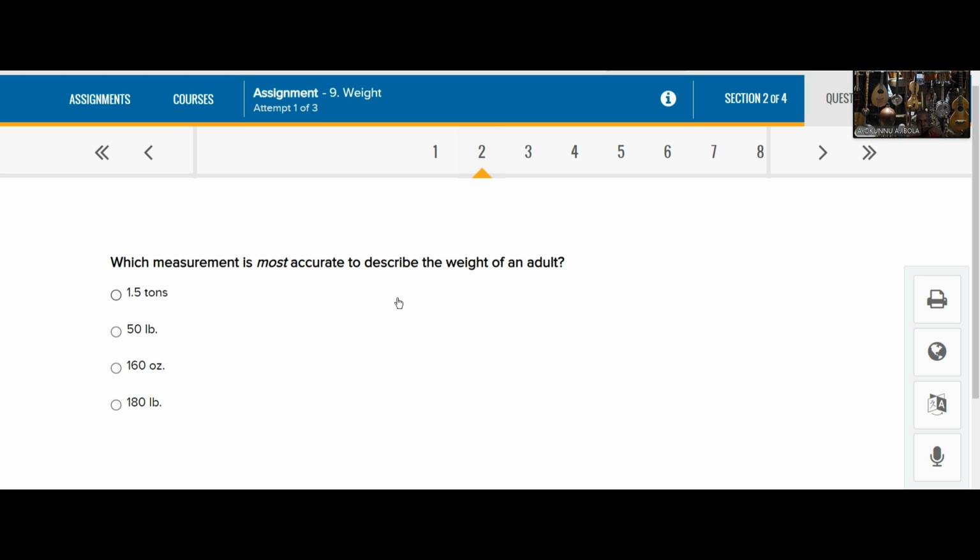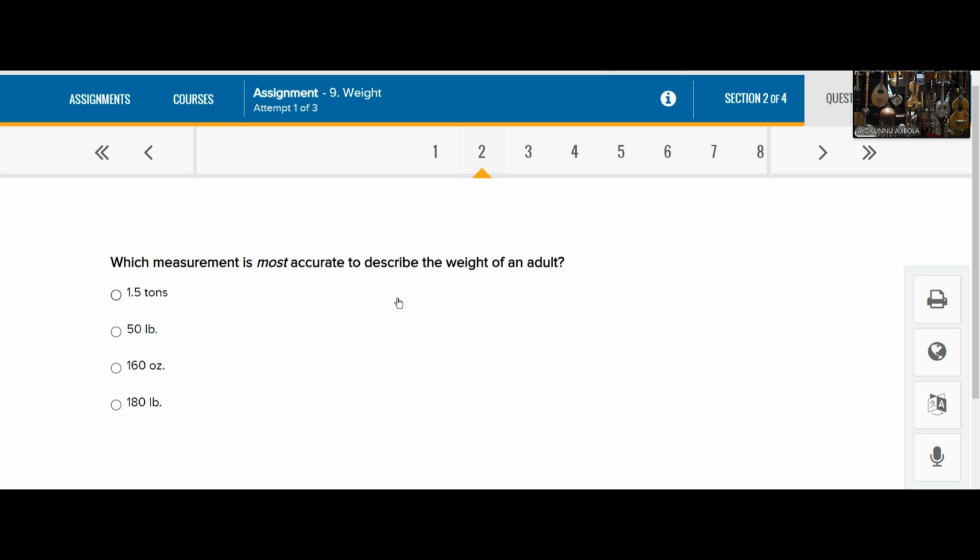Hold on. If it's a child, that would be about 100 pounds. Let me see something. Let's look at this very well before we pick a wrong option.